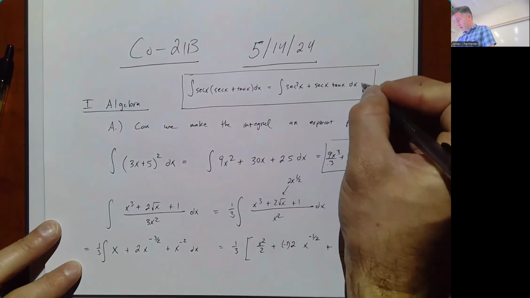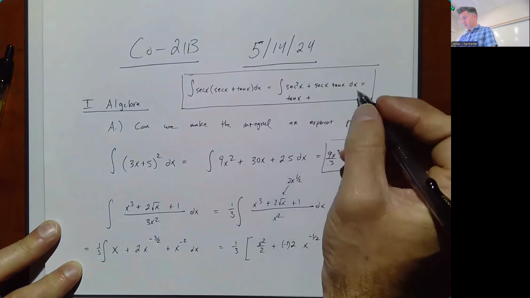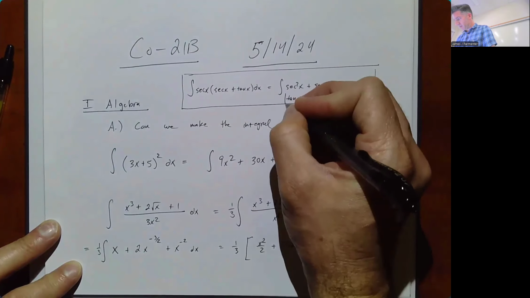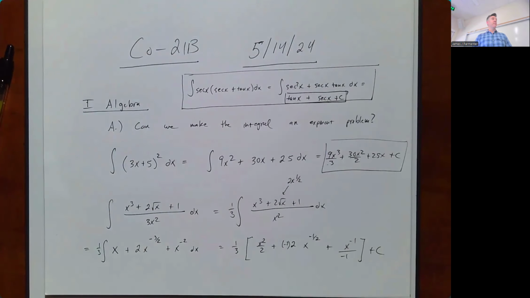The integral of secant squared is just tangent, and the integral of secant x tangent x is just secant x plus c. So more broadly, if you can simplify something and see how to anti-differentiate all the parts straightforwardly, that's what we should do. But that's not always or even often going to work, but it's still something to keep in mind.